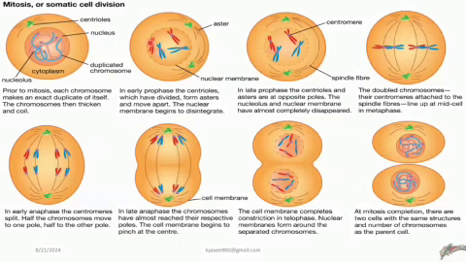So in the early prophase, what happens? The centrioles are going to move apart towards the opposite ends of the cell, and they are going to start producing what we call spindle fibers.